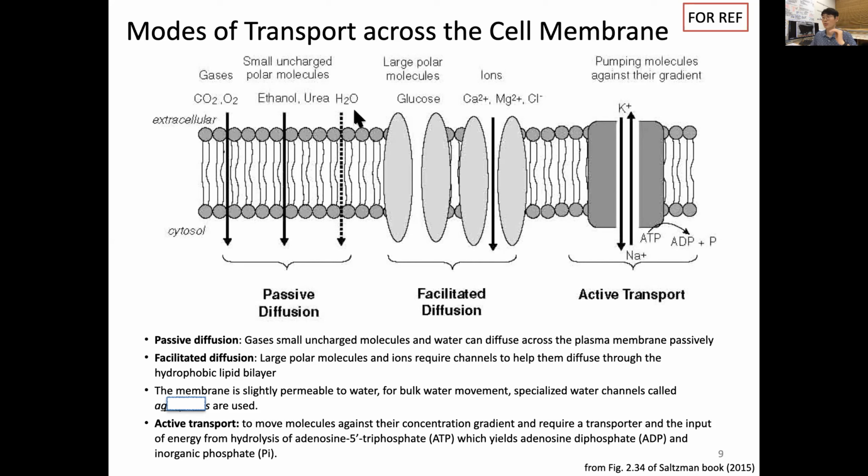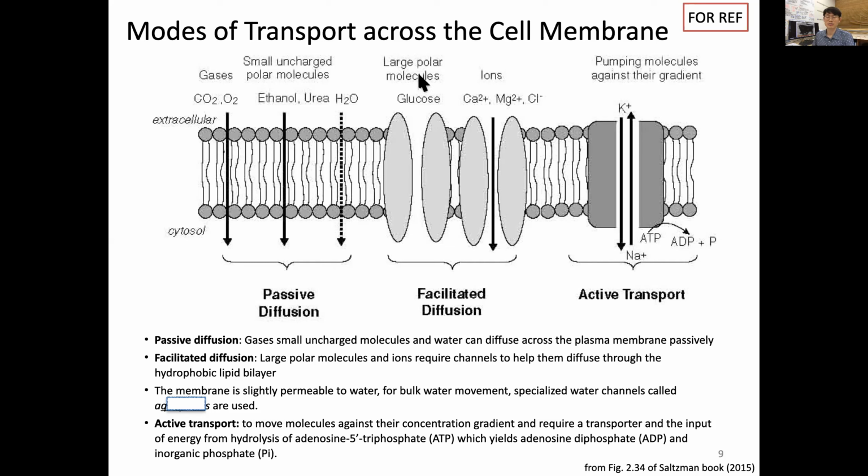And water has a small permeability, slightly permeable, but the bulk motion of water requires a channel. These are so-called passive diffusion, which means it follows the concentration gradient. So gases can freely diffuse across the plasma membrane. Passive means it doesn't require any energy and it flows from higher to lower concentration.